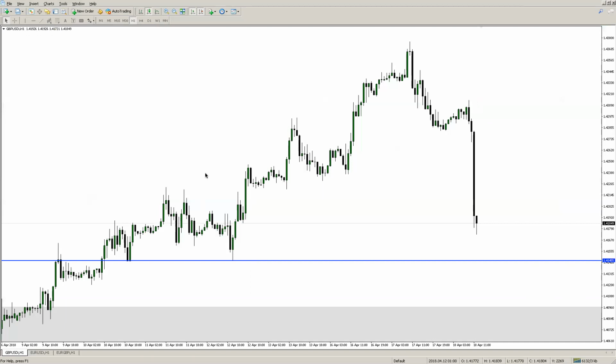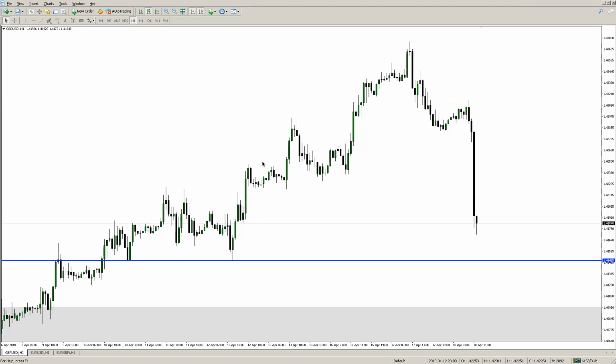We've already had a break in market structure on GBP USD. Technically we had the break in market structure here, because we were making higher highs and higher lows up until this point, then we dropped down and made a lower low, retested this ICT bearish order block and then sold off. So this was technically a break in market structure, but I wasn't watching the charts during this time.